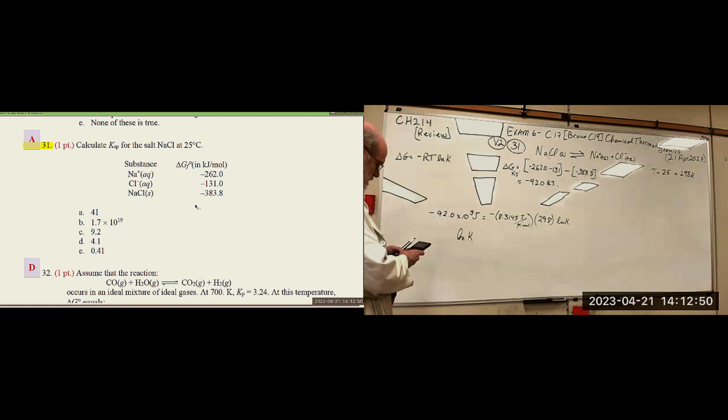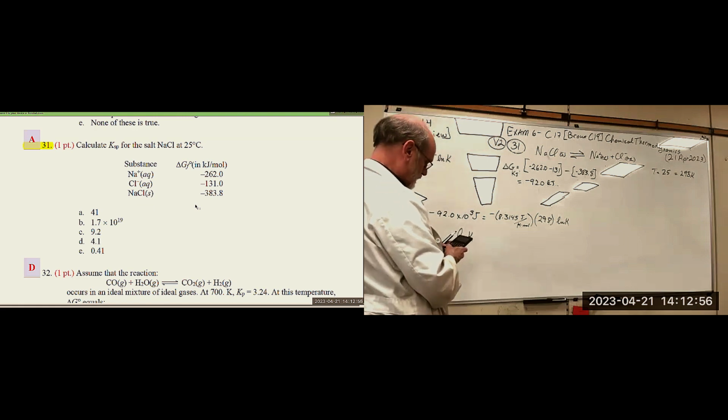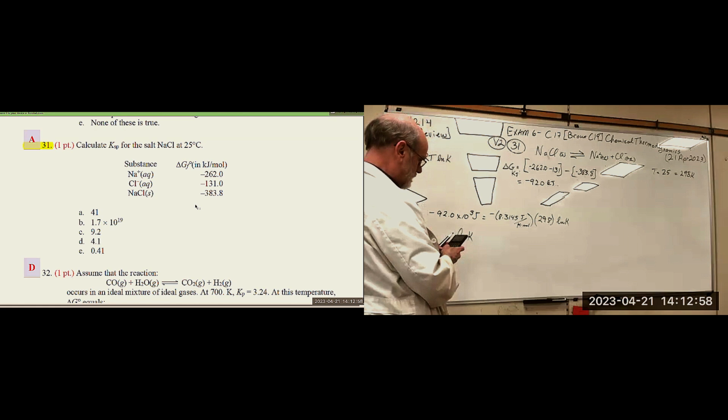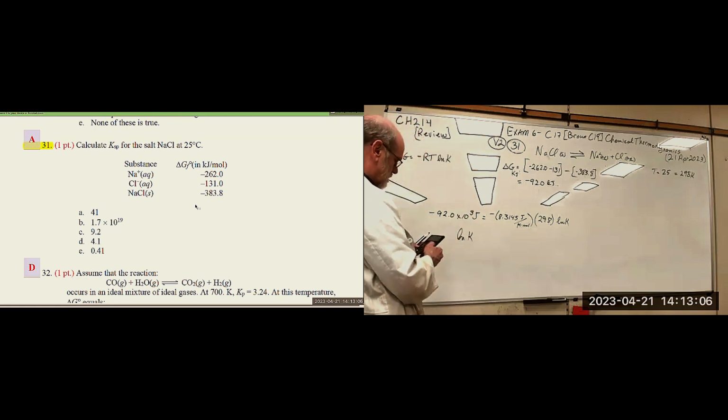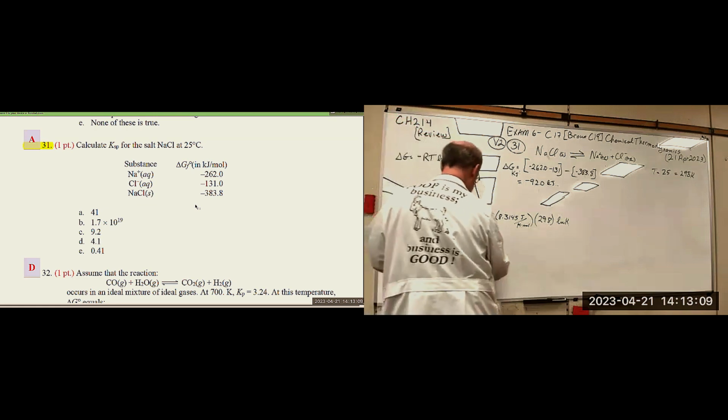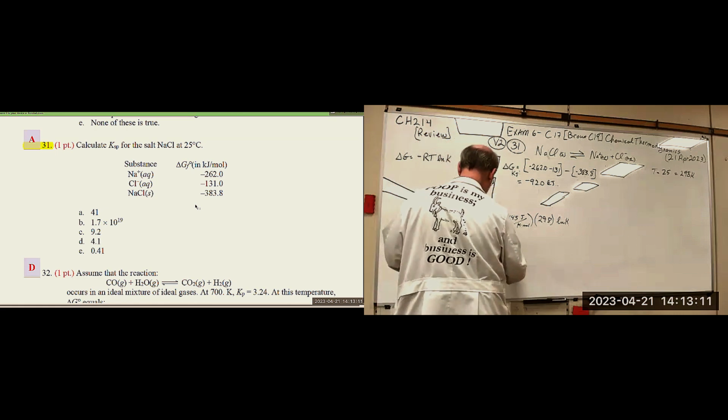Adjust that to joules, and then 8.3145, change the sign. Divide, okay. Then divide by 298. And that's equal to 3.713.